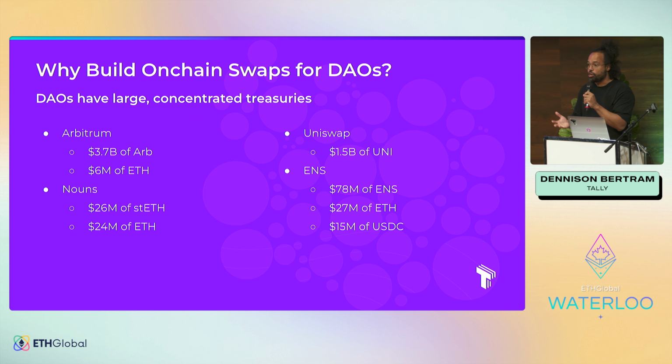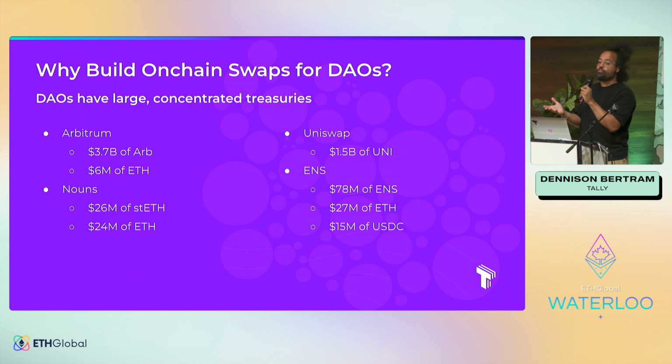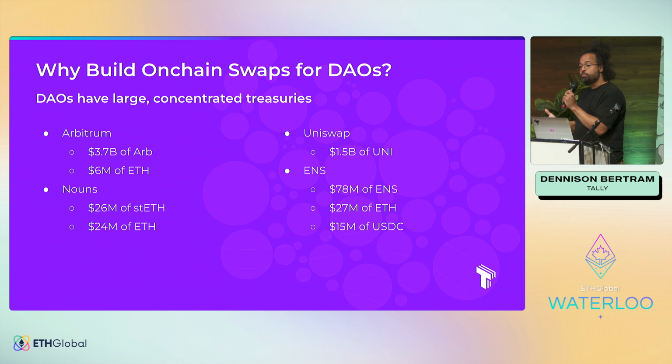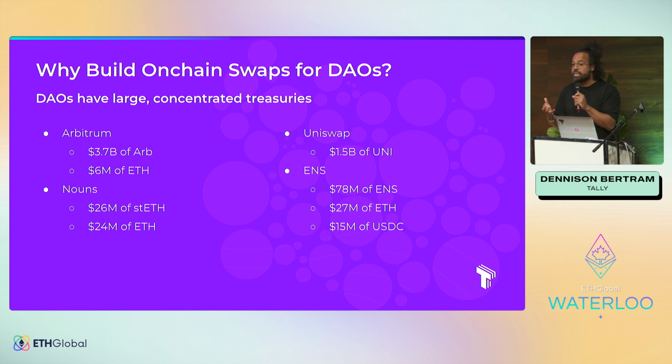How are we allocating our funds, et cetera. So if you look at some of the largest DAOs out there, Arbitrum has $3.7 billion of ARB token, but they also have $6 million in ETH. And not only do they have $6 million in ETH, but they actually earn revenue in ETH, right? The sequencer for Arbitrum actually collects Ethereum as fees, and that goes directly to the DAO, right?